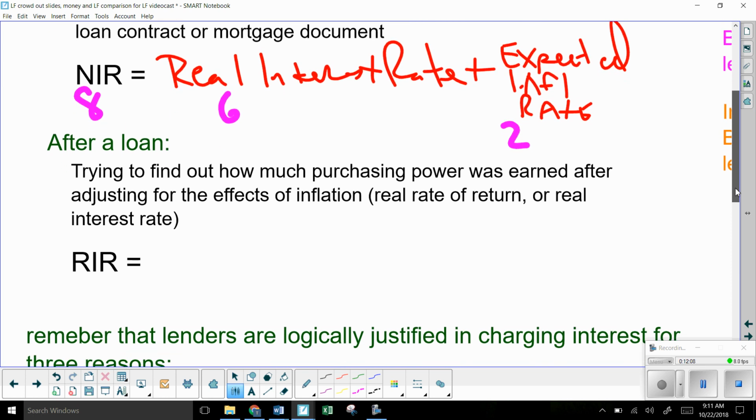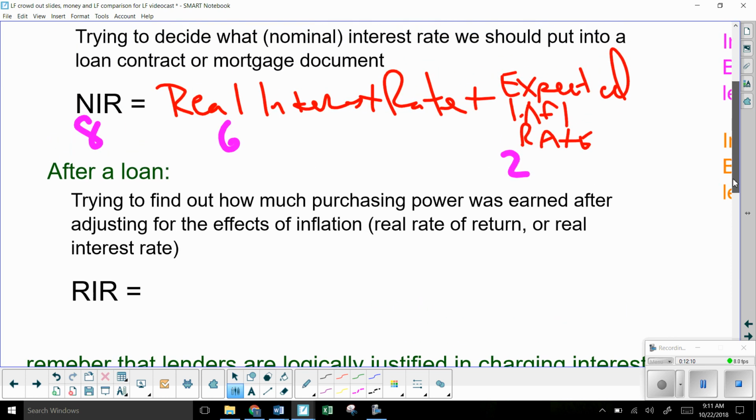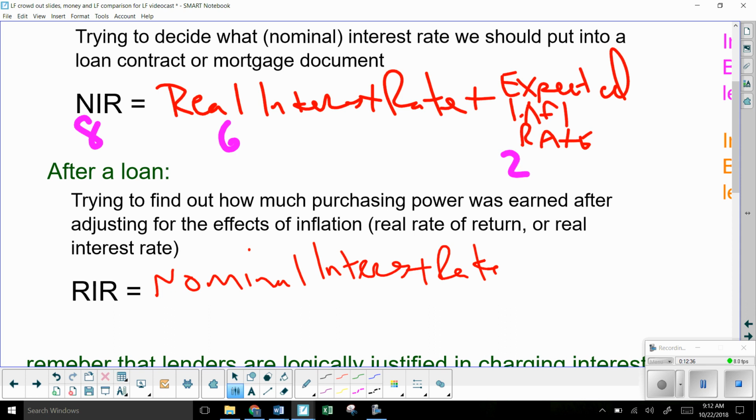When we fast forward into the future, now let's imagine zooming ahead to 1 year from now in time. And now we know already how much you owe me. You owe me $108, because we've already set the nominal interest rate. So you owe me that.